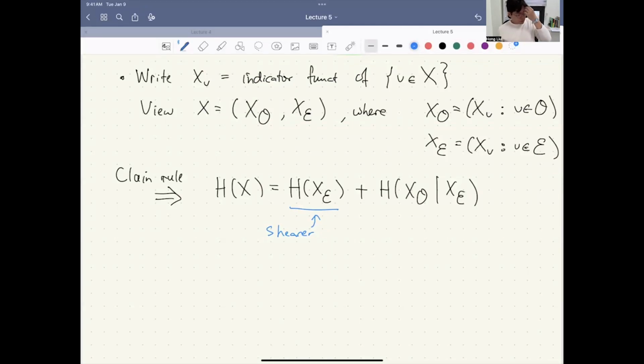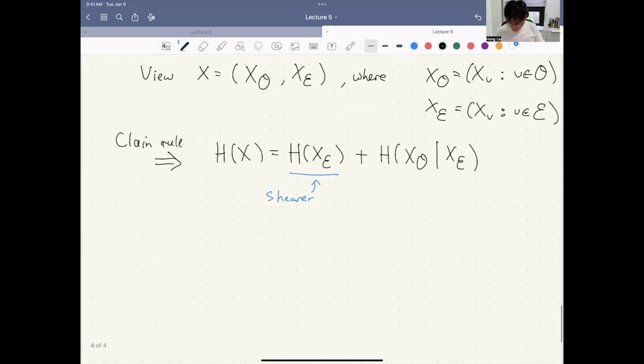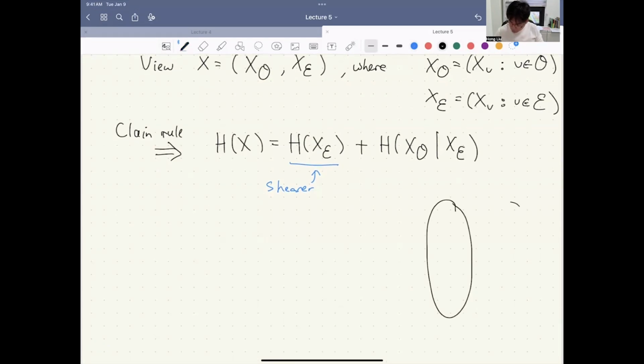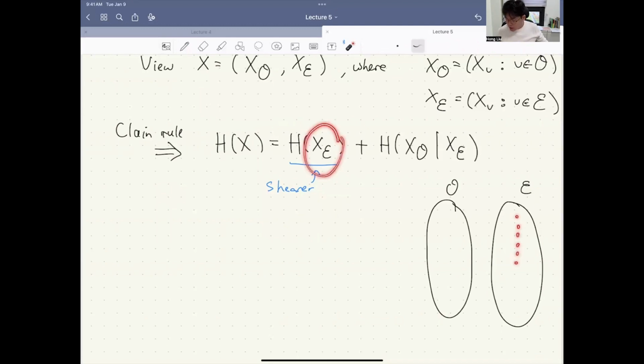Here, how to bound this guy? Well, to use Schur's lemma, let's draw a picture. This is the odd side, this is the even side. So here xe are the indicator functions for vertex v in E being in X or not. So the coordinates are vertices in E. To use Schur's lemma, we need to randomly sample a subset of coordinates.